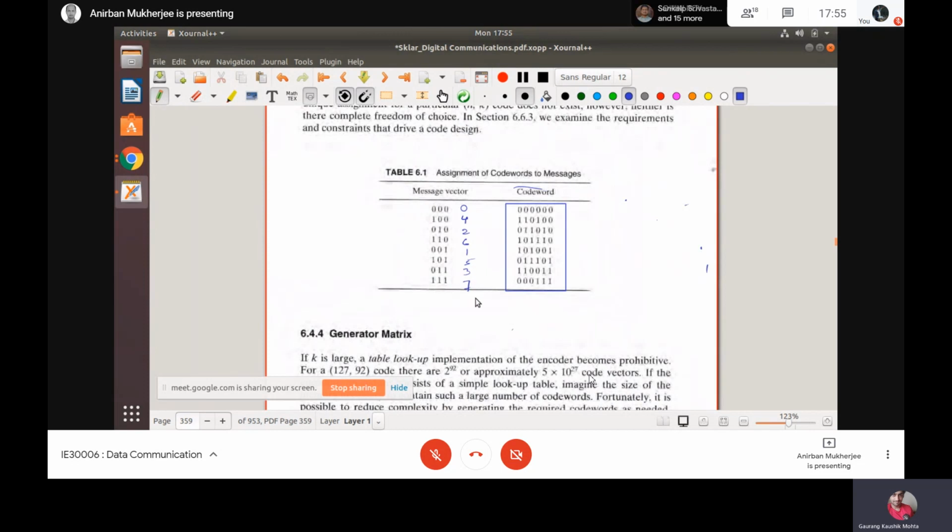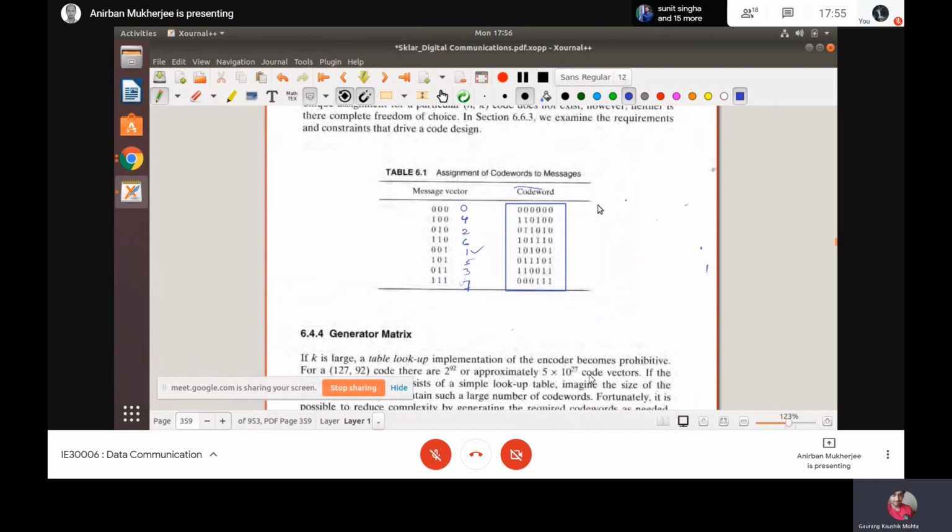Okay. This is not in a sequence, so it doesn't matter. You can put 0 0 0, 0 0 1, 0 1 0 in a different order. Similarly, this order will get changed. I know my message vector. If it is 0, then I will use this order. If I want, I will use this one.